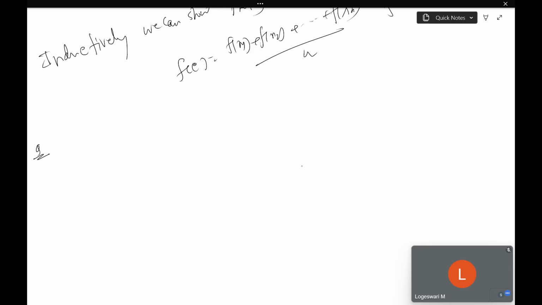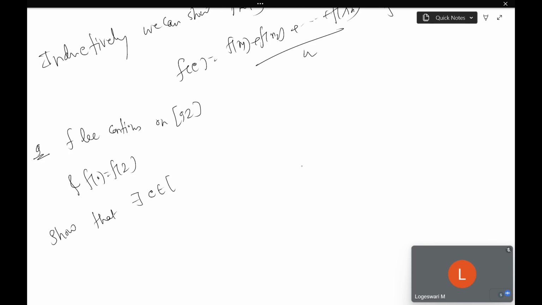Let f be continuous on [0,2] and f(0) equal to f(2). Show that there exists a point c in the closed interval [0,1] so that f(c) is equal to f(c+1).